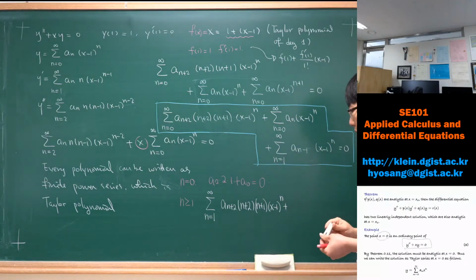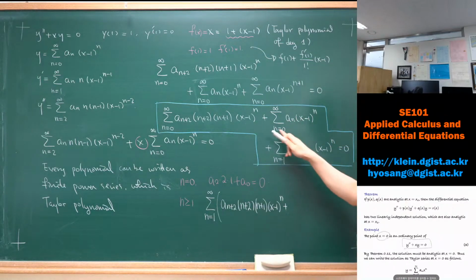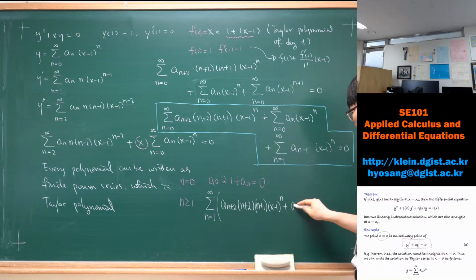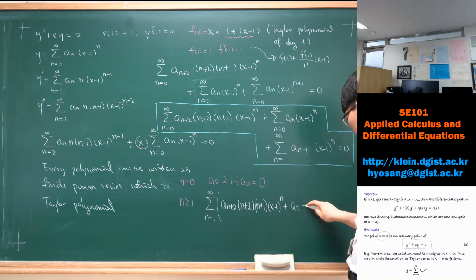And then I can write with the same sum notation, because it also starts from 1. So we have a n, and here also we have a n minus 1, times x minus 1 to the power of n. And that must be 0.